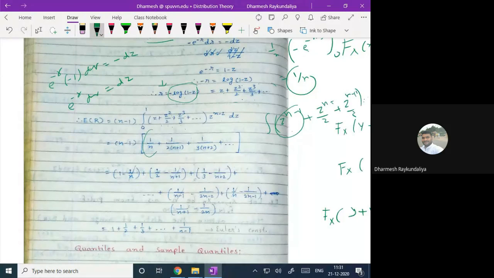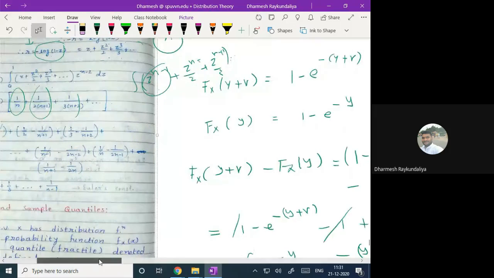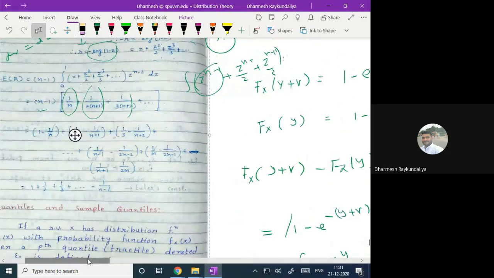Because here the range is 0 to 1, that is nothing but 1 by n, then 1 upon 2n plus 1, and here 1 upon 3, likewise. And n minus 1 is already sitting outside, so if we multiply n minus 1 with each term, what will you get? n minus 1 upon n plus n minus 1 upon 2n plus 1, up to this.